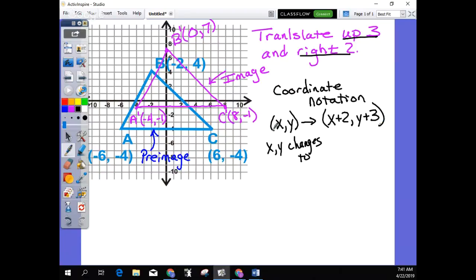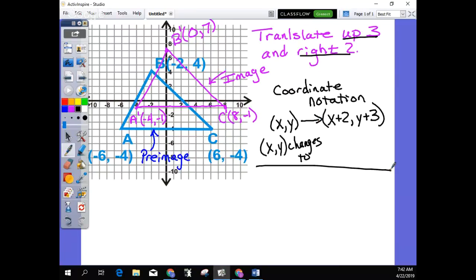It always starts with XY, and then we use an arrow symbol to mean changes to. So that's coordinate notation.